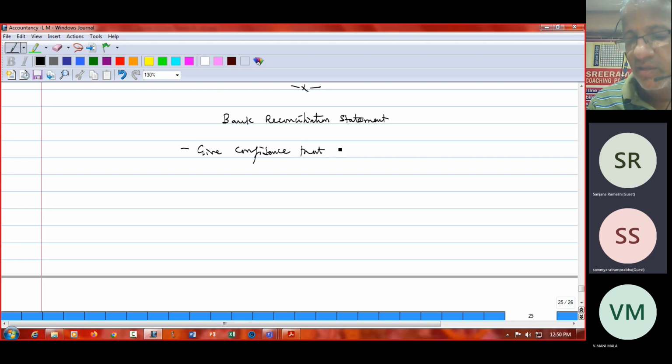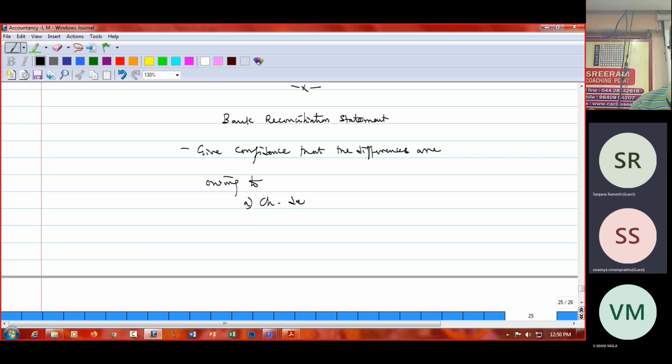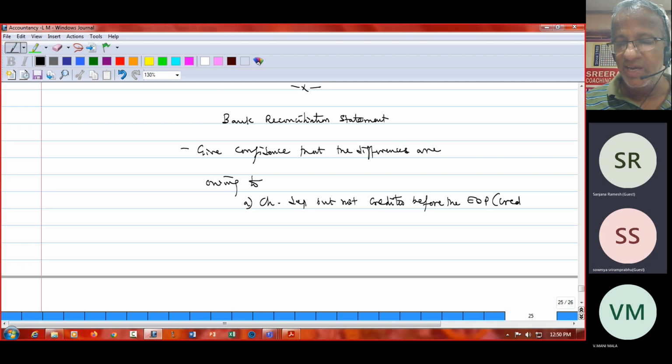that the differences are owing to A, checks deposited but not credited before the end of the period, credited later. You should not get a feeling that they have not at all credited.